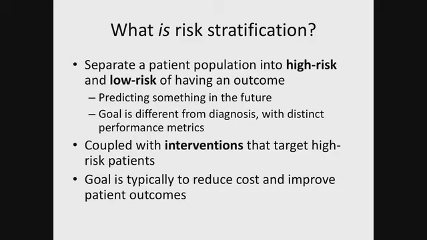Now, the reason why we might want to do risk stratification is because we usually want to try to act on those predictions. So the goals are often one of coupling those predictions with known interventions. So for example, patients in the high risk pool, we will attempt to do something for those patients to prevent whatever that outcome is of interest from occurring.